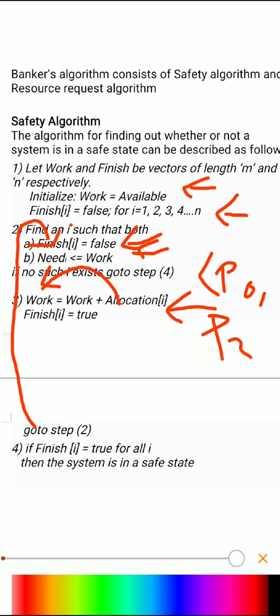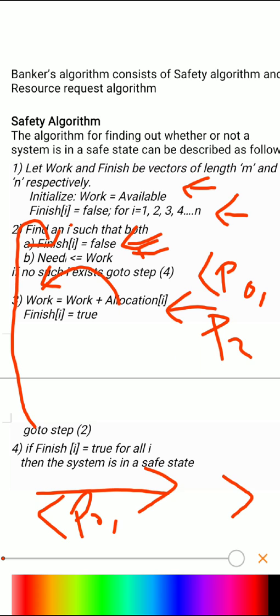Again we are going to find an i till all the processes have completed their execution, and at the end we are going to find the safe sequence in these brackets. For example, P0, P2, and so on.